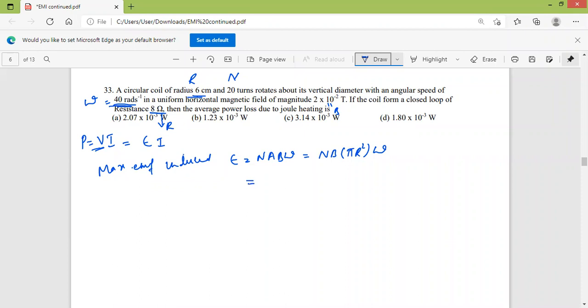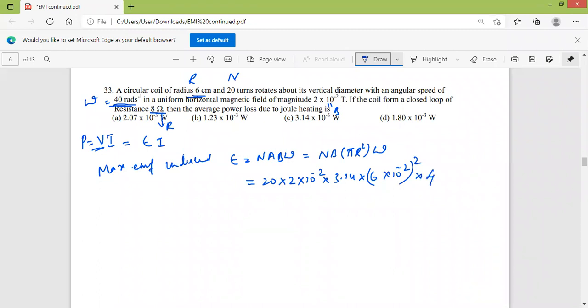So the value is N is 20, B is 2 into 10 power minus 2, pi is 3.14, r is 6 centimeter, it's 6 into 10 power minus 2 whole square.